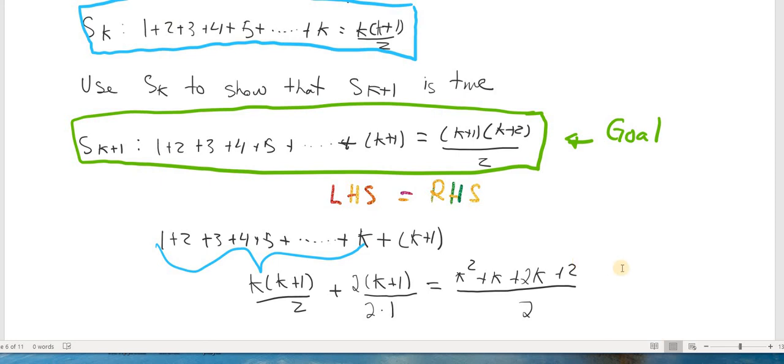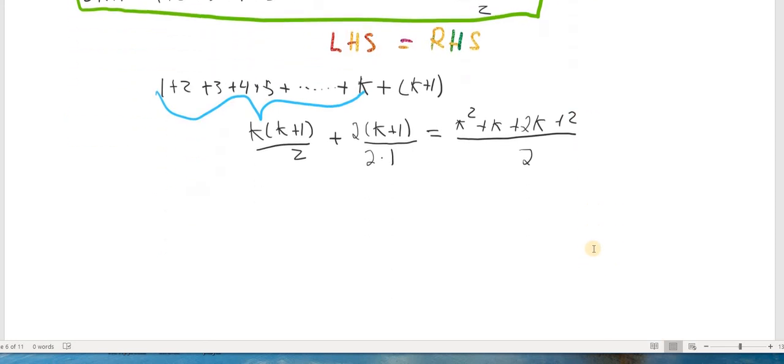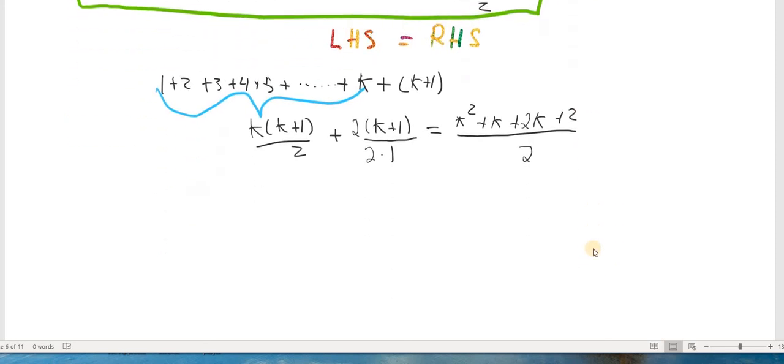Okay, let's keep on going. You can add these, right? 1k and 2k is 3k. K squared plus 3k plus 2 over 2.